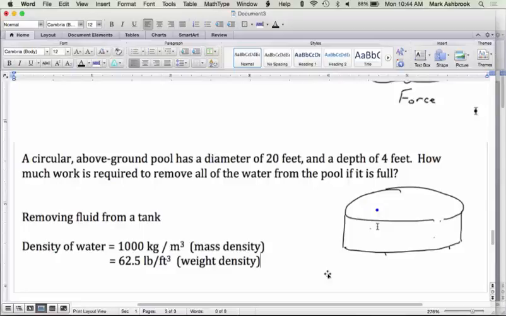Well, how much work is required to move something left and right? Force times distance. 0. Because it takes no force to move something horizontally, unless there's a resistant force like friction.